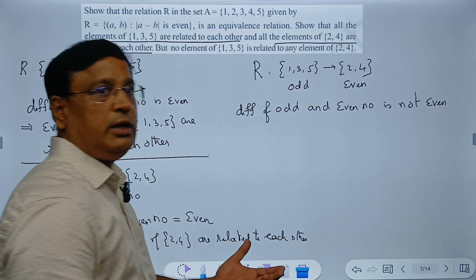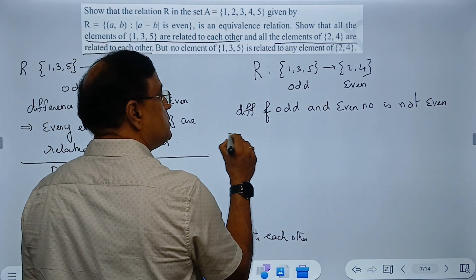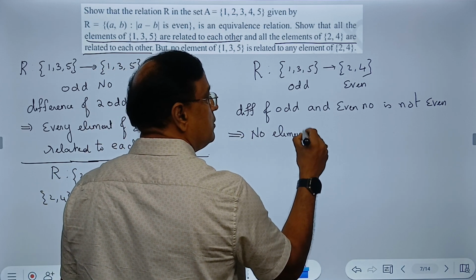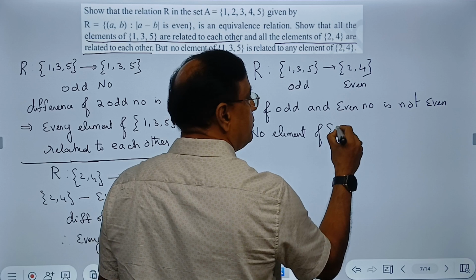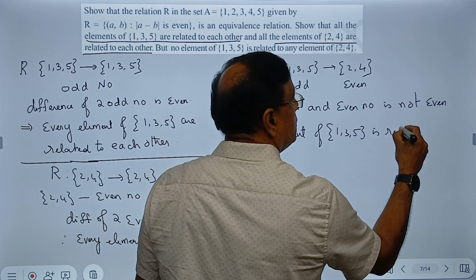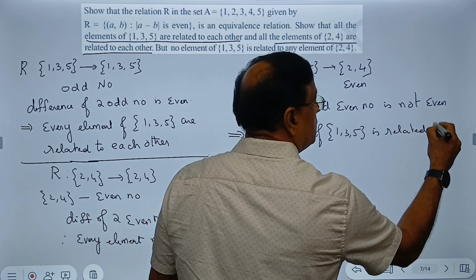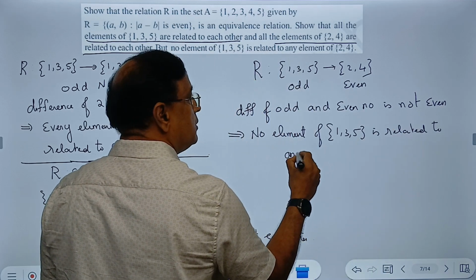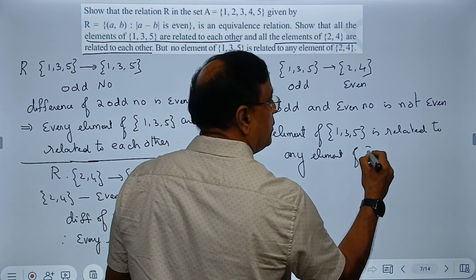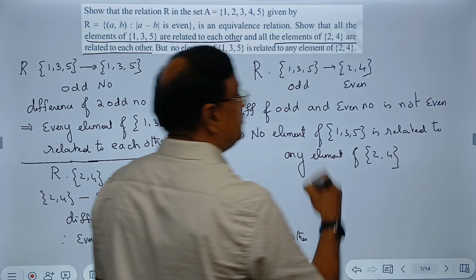It's definitely not even. This implies no element of {1, 3, 5} is related to any element of {2, 4}. You understand?